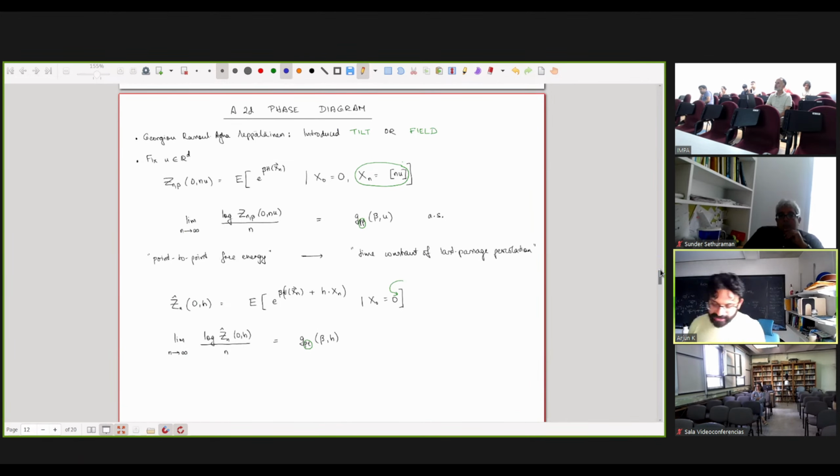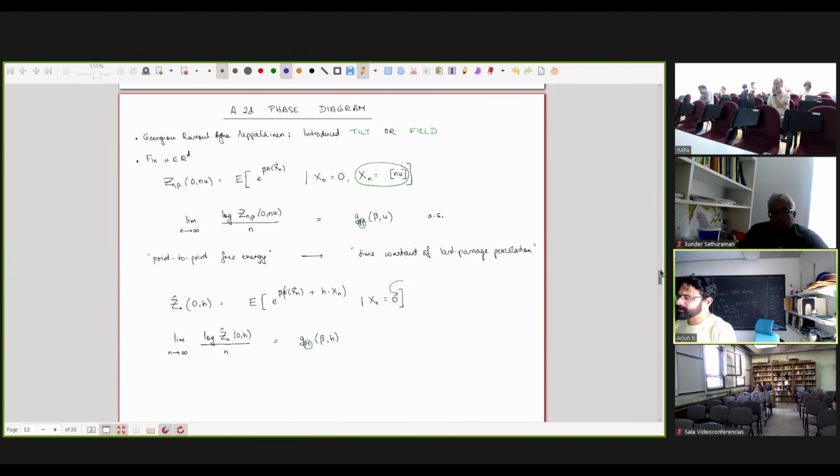Okay, so now finally we get to our work, which is to expand this one-dimensional phase diagram into a 2D phase diagram, like a typical statistical physics model. To do that, we have to go to these point-to-point and point-to-line free energies that were defined by Georgiou, Rassoul-Agha, and Seppäläinen.